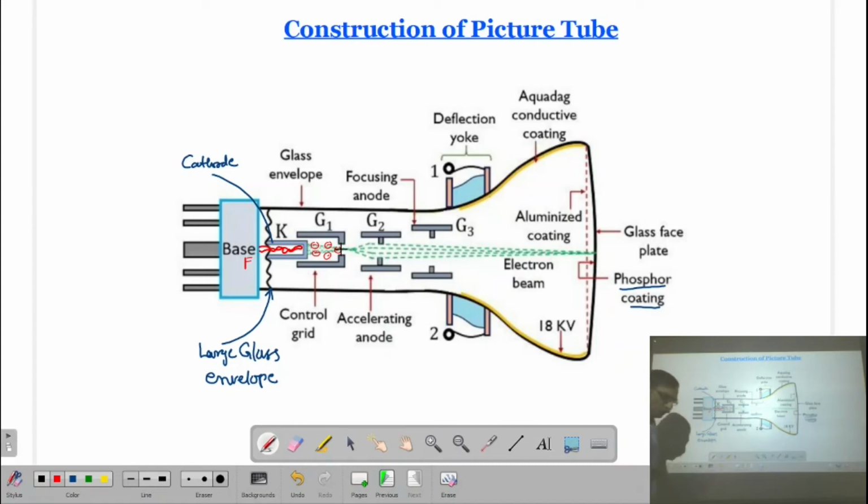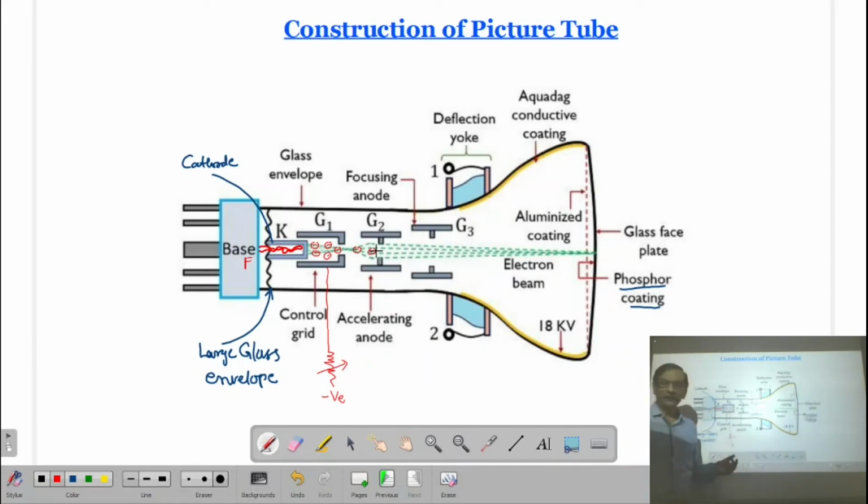Now to control the number of electrons, we require a control grid. Normally this control grid is connected to a negative potential. If there is a large negative voltage, then fewer electrons will come out from this control grid.